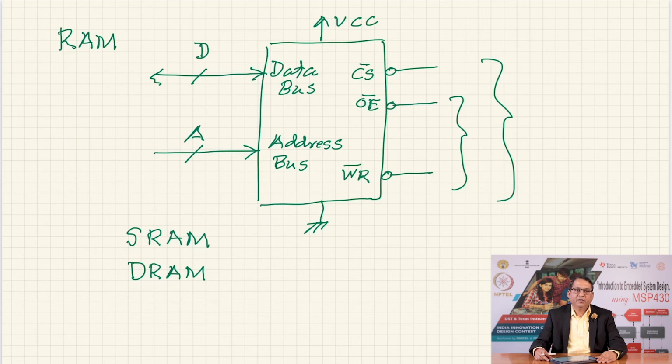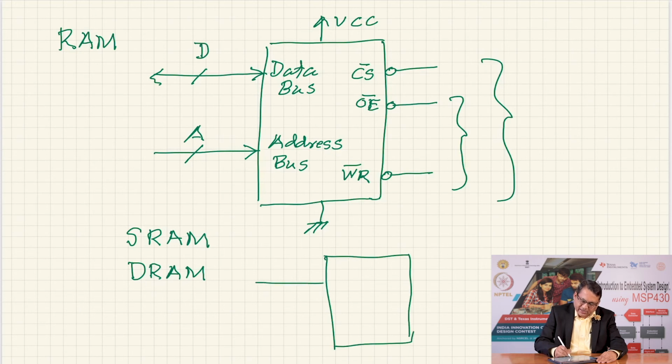DRAM on the other hand is more efficient because it packs more data bits into the same area, but it is a little complicated to use. It requires frequent refreshing. It also has a different method of providing the address.